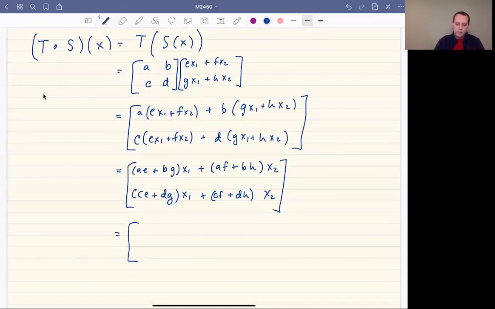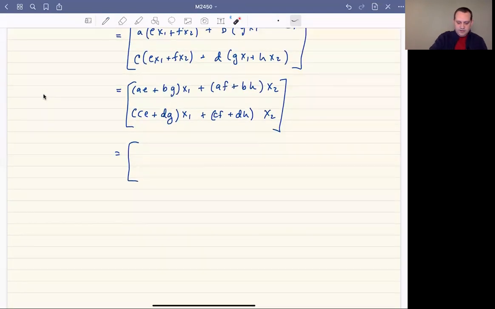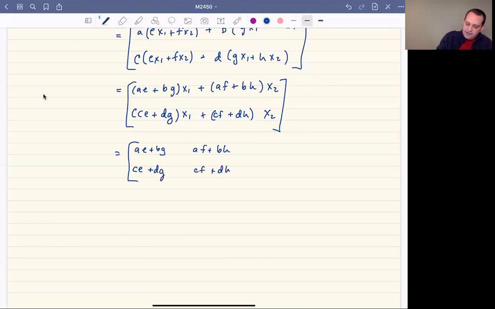So if we go back, I just want to take one small step back and think about how we computed that product. Well, we had a matrix times x1, x2. So I'm going to kind of unmultiply in that sense. And I can think of this as AE plus BG, AF plus BH, CE plus DG, CF plus DH.